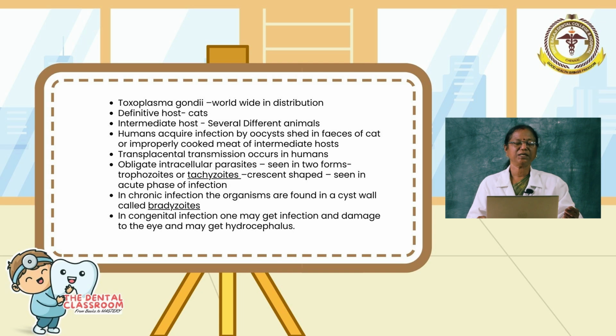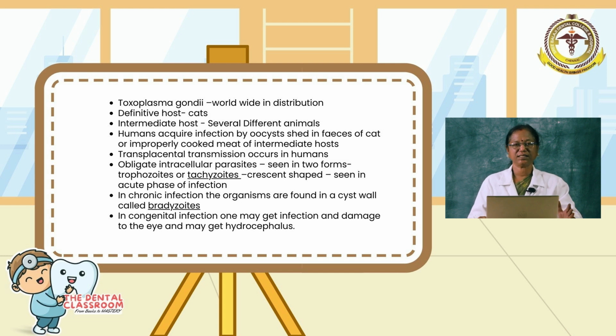The next is Toxoplasma gondii, which is worldwide in distribution, and the definitive host for Toxoplasma gondii is cats. Several different animals are intermediate hosts, and humans acquire the infection through the oocyst shed in the feces of the cat, or improperly cooked meat of the intermediate host or other animals. There is also a very important note about this pathogen: it can be transmitted transplacentally from the mother to the fetus.